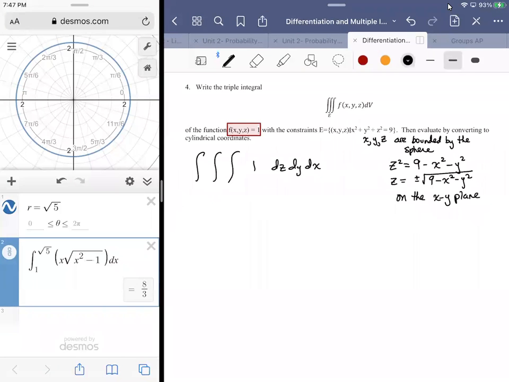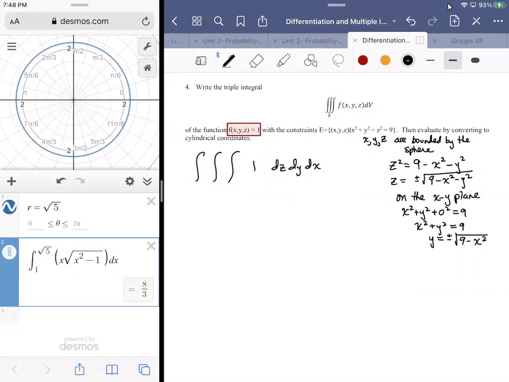I'd be looking at x squared plus y squared plus 0 squared is equal to 9, which gives me x squared plus y squared equals 9, which makes y bounded to be plus or minus the square root of 9 minus x squared. All right.